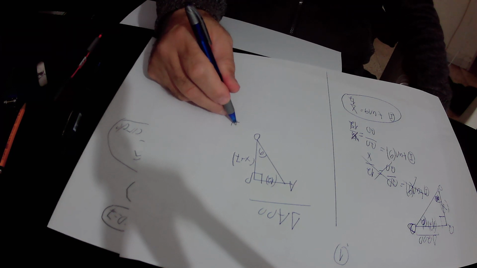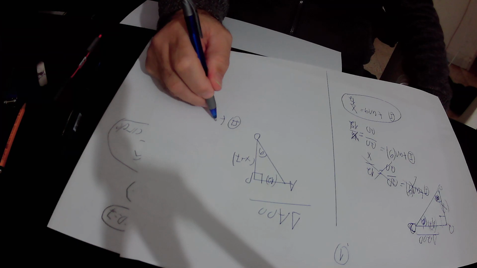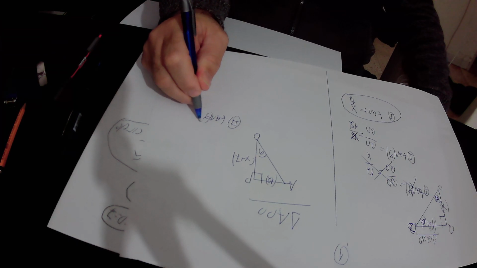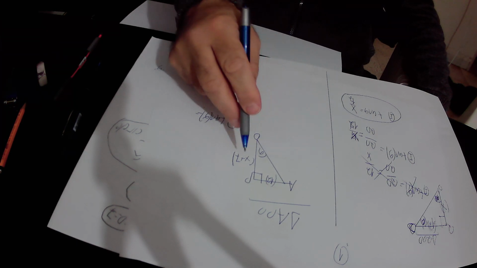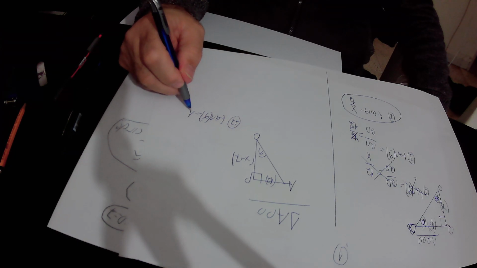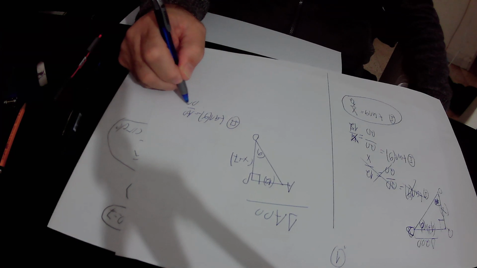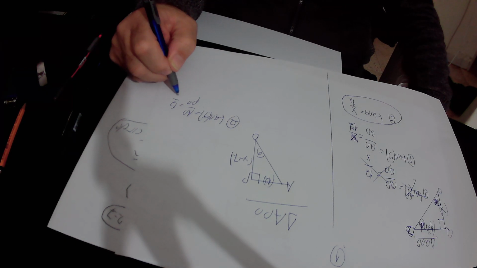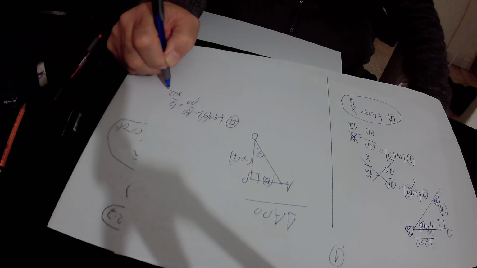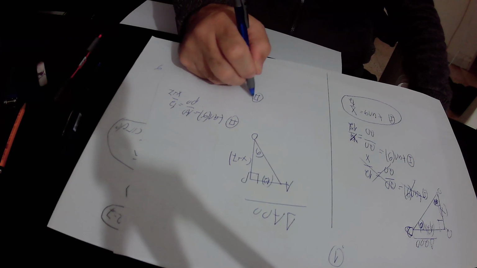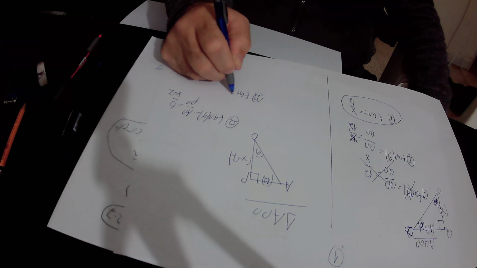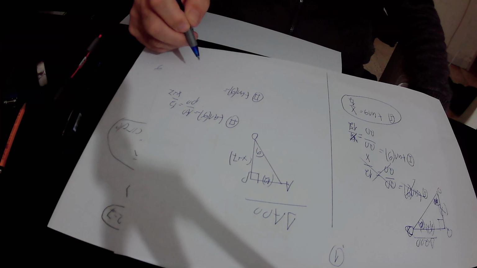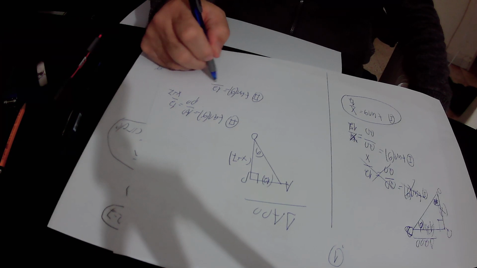In this right triangle APO, tangent alpha will be equal to AP over PO. AP is 12 and PO is x plus 7. So in total we found out that according to equation number 2, tangent alpha equals 12 over x plus 7.